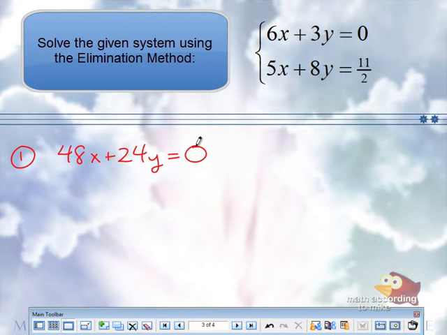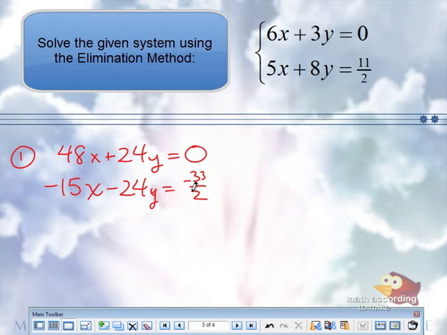So if we multiply the second equation by negative 3, what will that give us? Minus 24y equals negative 33 halves. Hooray!